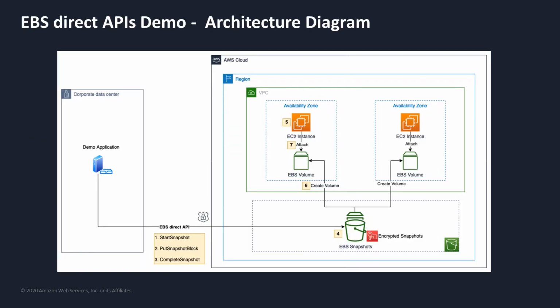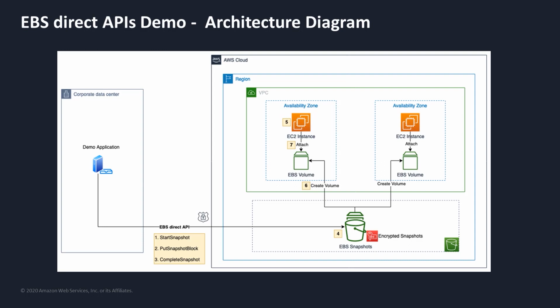Let me walk you through the architecture, which we will follow during our demo today. On the left side, we can see a sample on-premises application whose volume data will be created as EBS Snapshot using direct APIs into AWS. We will be using the following EBS Direct APIs over a secured connection. First, we will call the Start Snapshot API, which will be used to create a new snapshot. Then PutSnapshotBlock, which will be for each block of data.